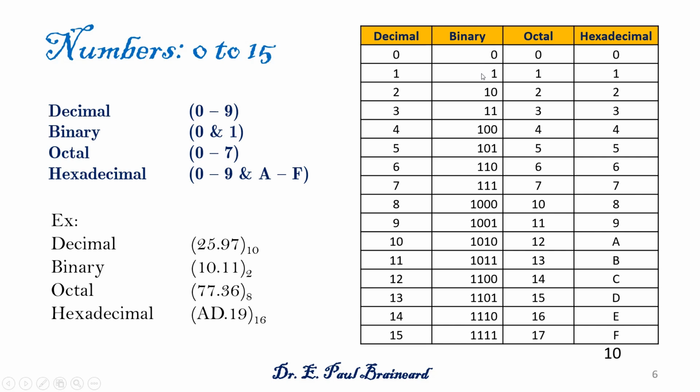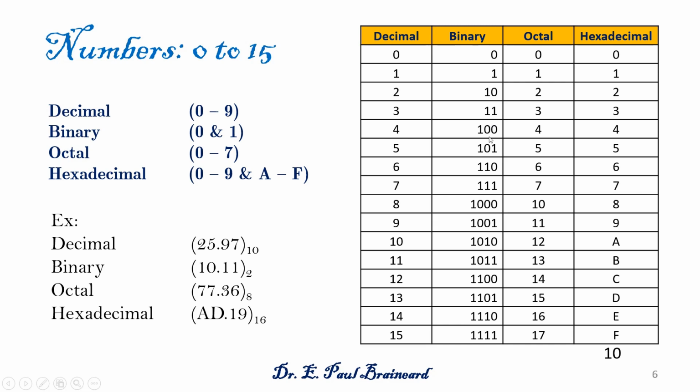There is no 2 in binary number system, therefore the next number after 1 in binary occupies 2 places. Therefore the next number is 10, then 11. After 11, the next binary number occupies 3 digits, 100.